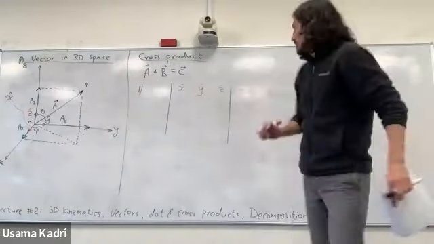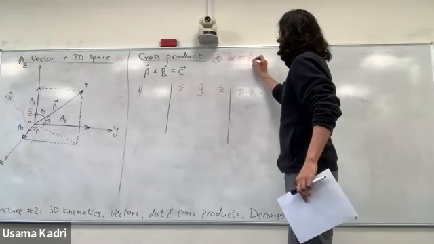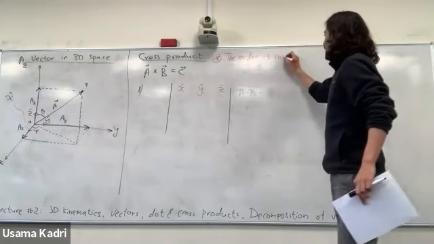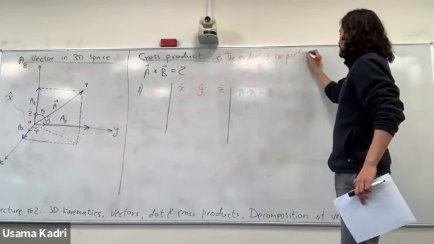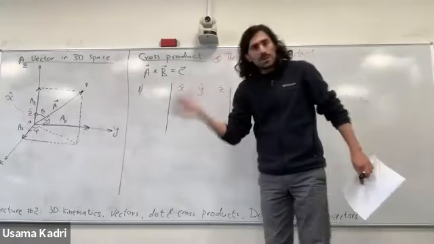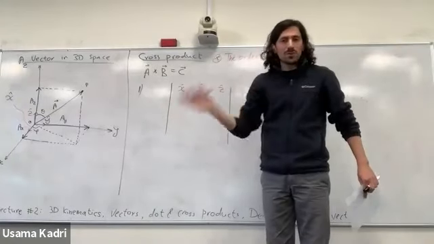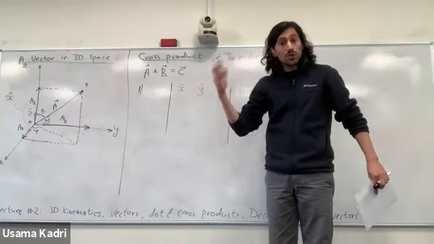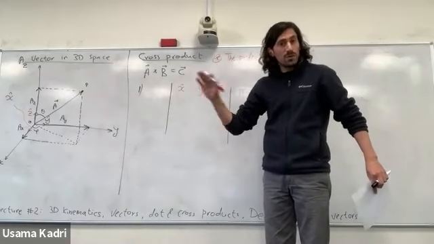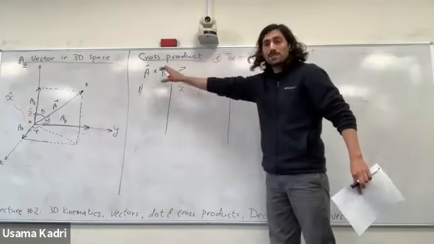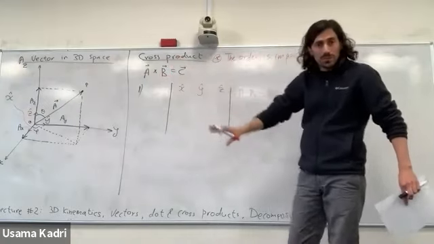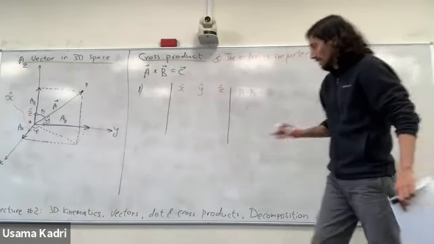I am going to even write it here in red. The order is important. A cross B is not like B cross A. A dot B is equal to B dot A, but A cross B is not like B cross A. So you need to be careful with that.